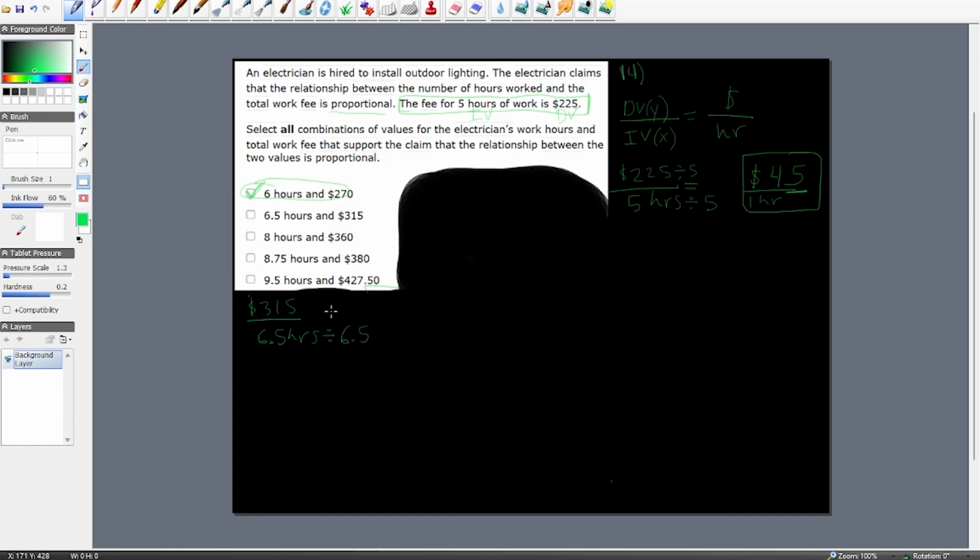So we're going to divide the top and the bottom by 6.5, which gives us 1 hour on the bottom. Then we're going to do some long division to find 315 divided by 6.5. Got a decimal here, so let's move it over once. Move this decimal over once, add that 0 there. Now the decimal is right after this 0.